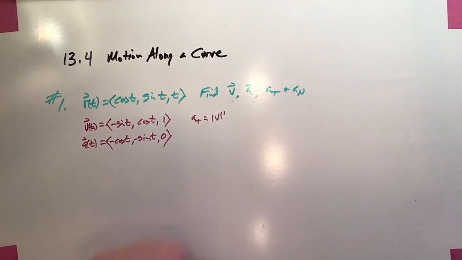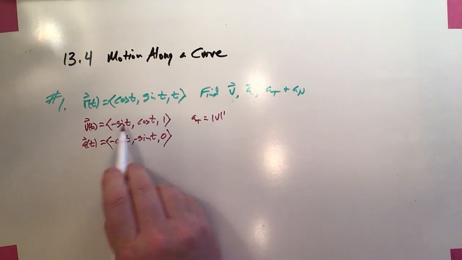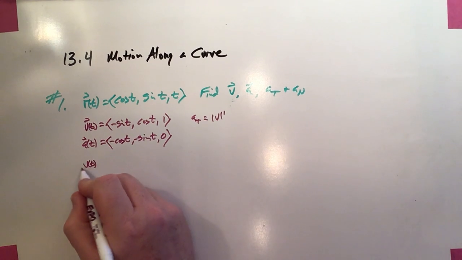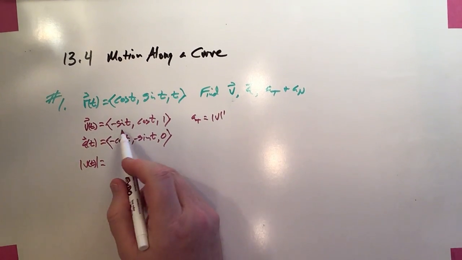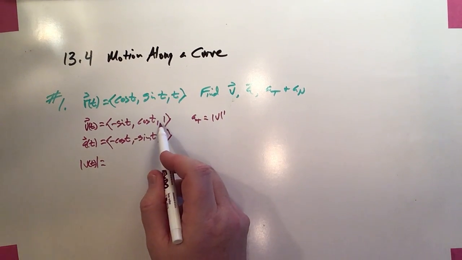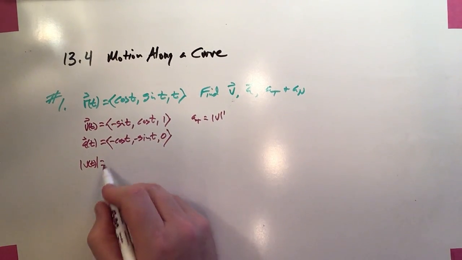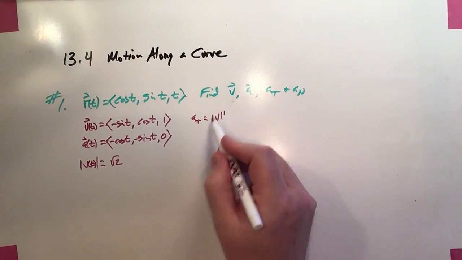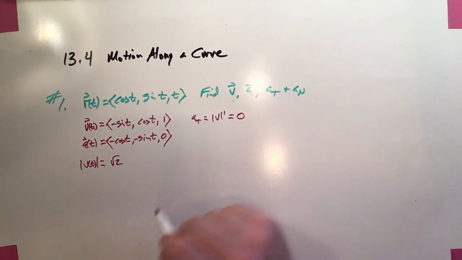What is the speed, the magnitude of this velocity? Well, the magnitude of the velocity is going to be the square root of sine squared plus cosine squared, which is 1 plus 1, all under the radical. So it's the square root of 2. Notice it's a constant, it's not a function of t. So its first derivative would be equal to 0.